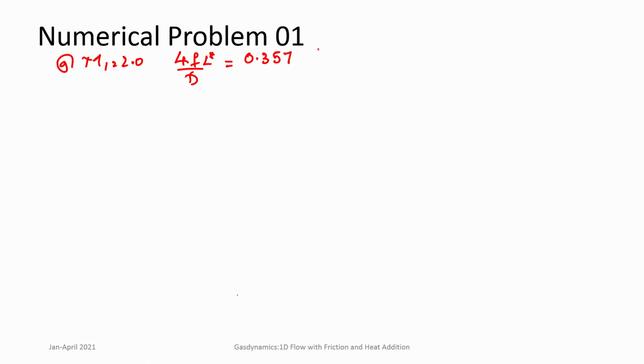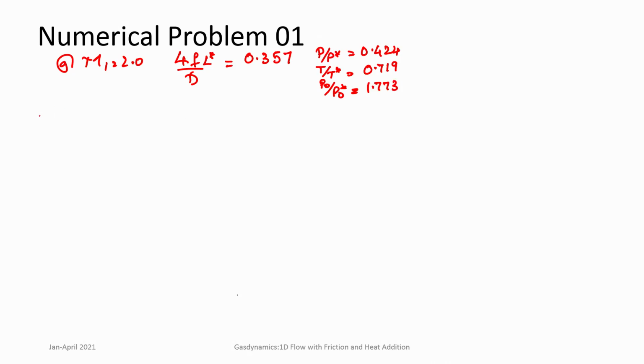You can also make note of P by P star, which is 0.424, T by T star is 0.719, and P naught by P naught star is 1.773.